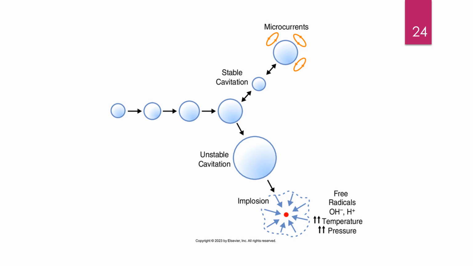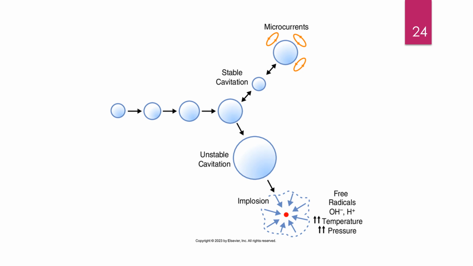When these small gas-filled bubbles oscillate, when they grow and shrink, this is what creates those microcurrents or that microstreaming effect, which improves the flow of those cellular fluids and again increases cell membrane permeability. This helps to enhance nutrient exchange and waste removal, supporting our tissue healing.